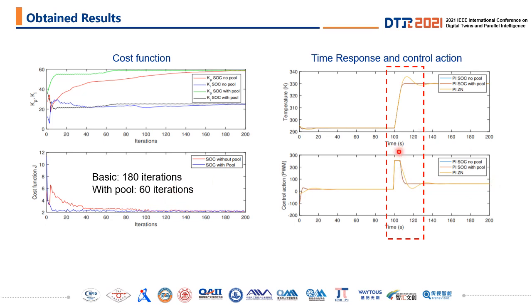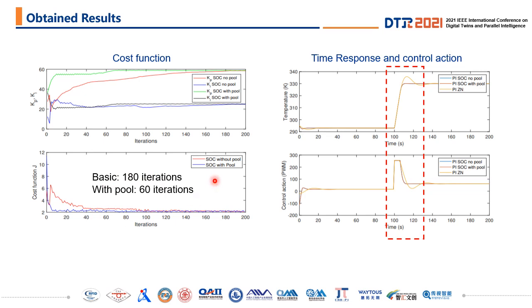So as we can see also here, the response of both systems is really good, as you can see here and also here. Even with this disturbance behavior, we see that the response is really good, and it's similar for both optimization cases. The main advantage of this controller is given by the number of iterations.